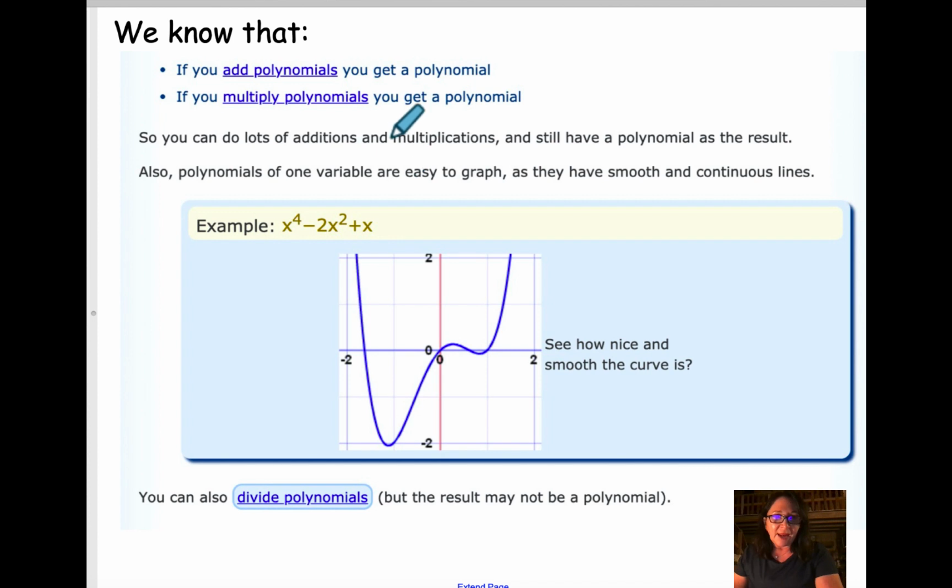We know that, again, adding polynomials, you get a polynomial. Multiplying them, you get a polynomial. For this problem right here, I want you to notice something. This has the highest power of x to the 4th. In the first 2 days, we've been doing a lot of x cubed problems and a lot of graphing problems, which we know the graphs of these kind of look something like that, right arm up, left arm down.